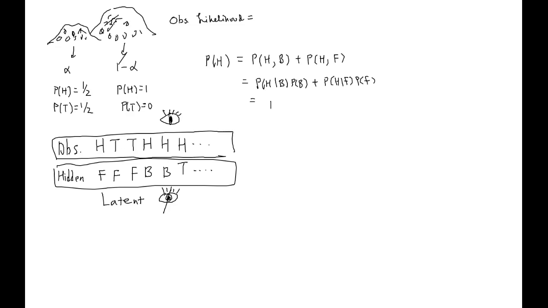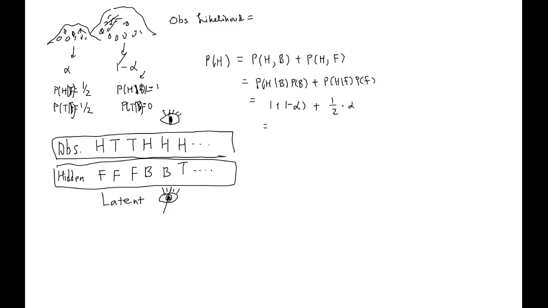More accurately, you can write it as conditioning. So here it is 1 times 1 minus alpha, plus 1 over 2 times alpha.